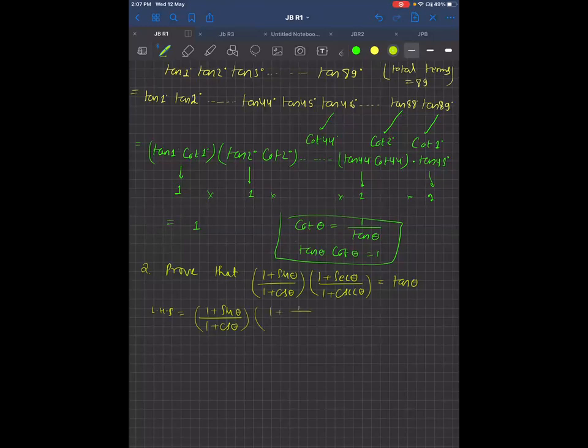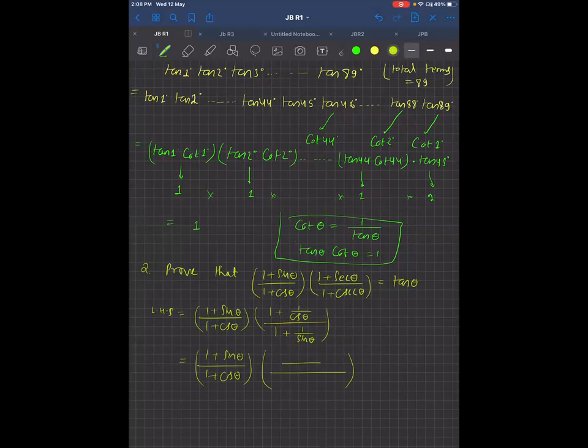Sec theta I'm writing as 1 by cos theta and cosec theta as 1 by sin theta. In the numerator you can take LCM cos theta, in the denominator LCM sin theta.